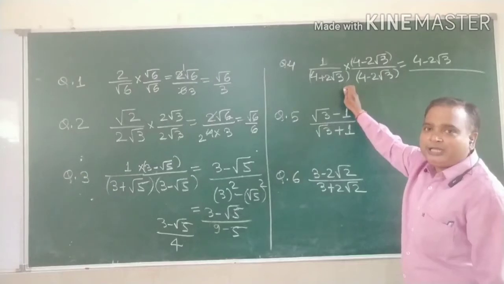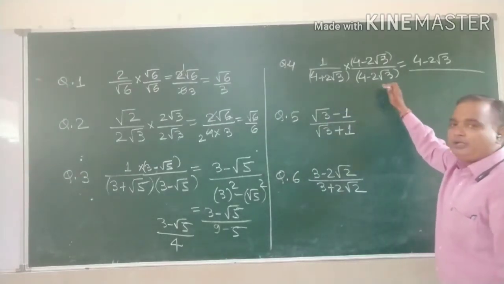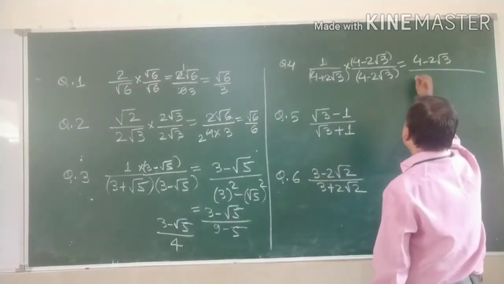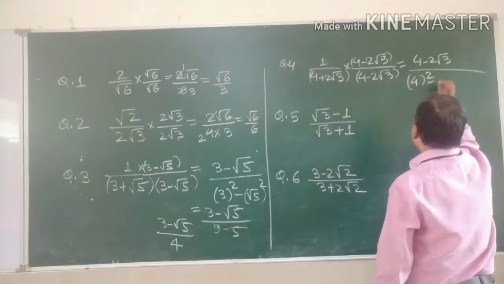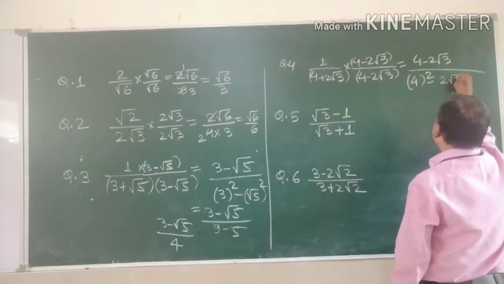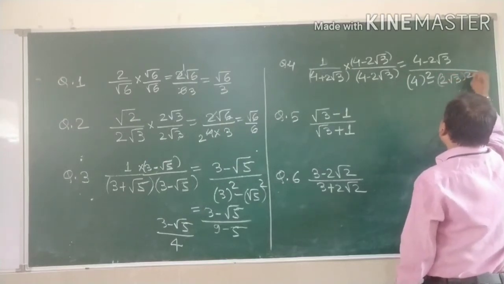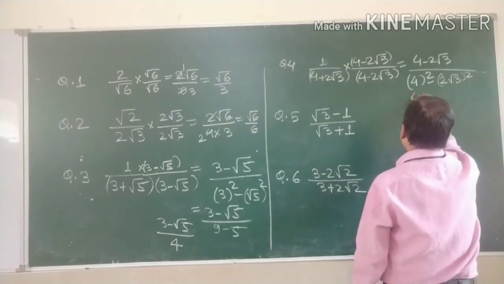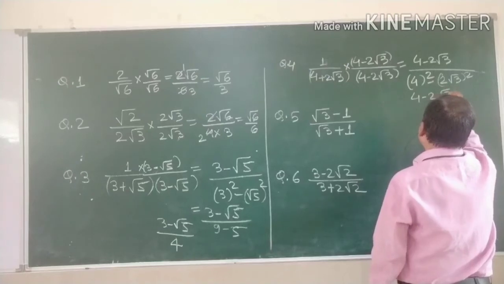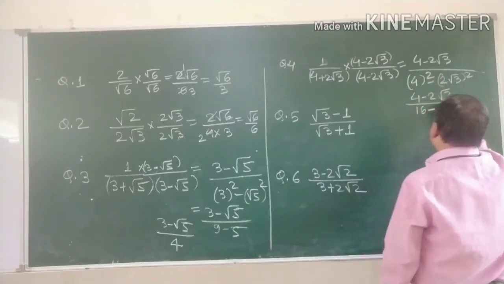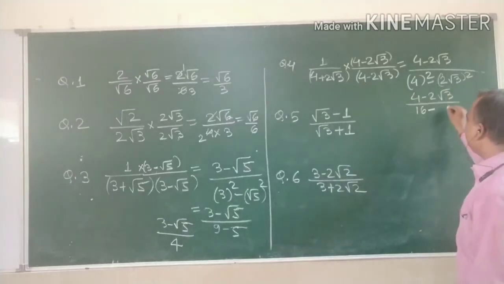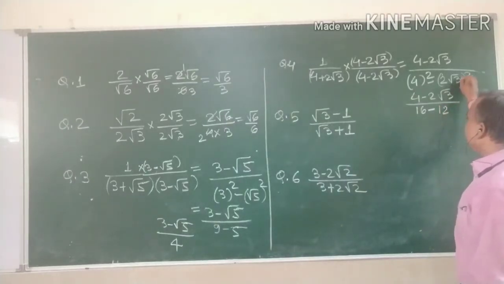Again here we are using the identity a plus b into a minus b, that is a square minus b square. The value of a is 4 and the value of b is 2 root 3. So that is 4 minus 2 root 3 upon the square of 4, that is 16, and the square of 2 root 3, that is 12. 2 square 4, root 3 into root 3, 3.